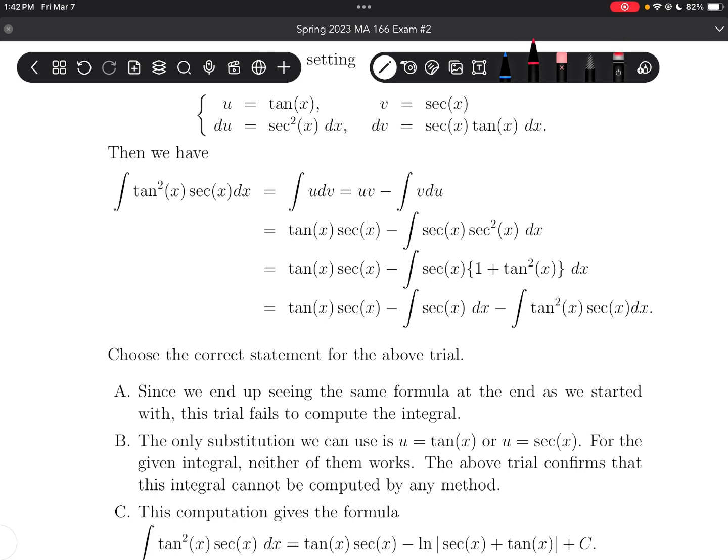So basically, I can move this over to the right-hand side, and I get 2 times the integral of tangent squared x times secant x is equal to tangent x times secant x. I'm going to move this to a different line.